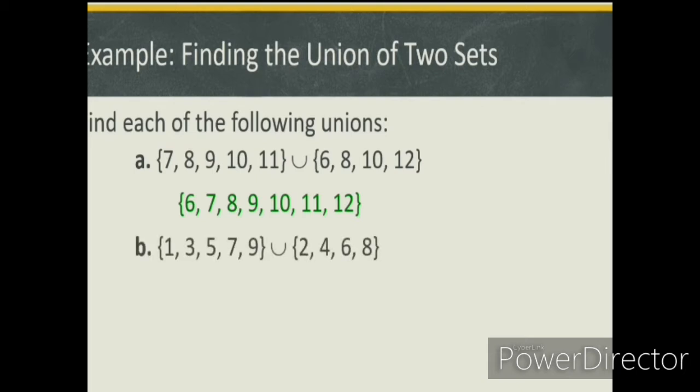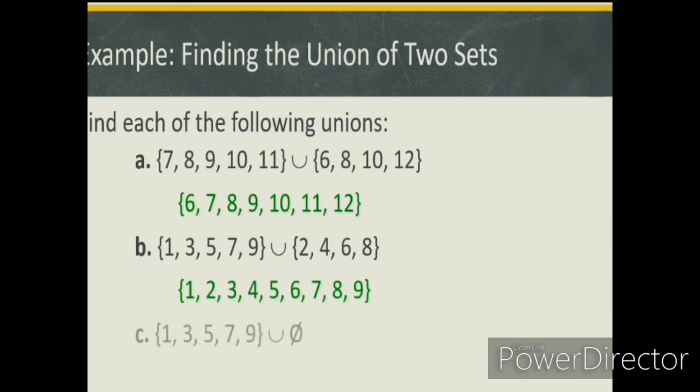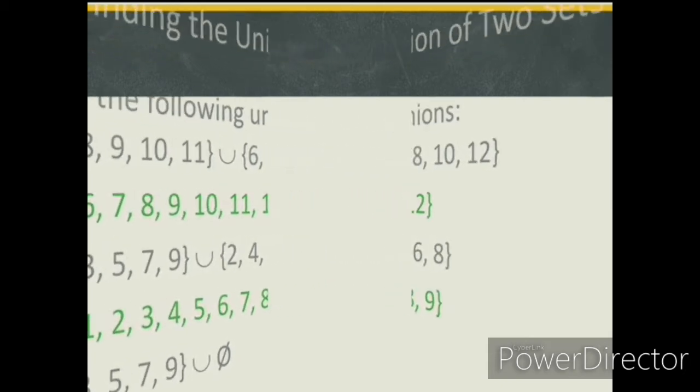You have 1, 3, 5, 7, and 9, union of 2, 4, 6, and 8. So that would be from 1 to 9, all the elements of the given set. How about 1, 3, 5, 7, and 9, union of the null set? Since a null set has no element, the union of the two would be 1, 3, 5, 7, and 9 only. Okay, let us proceed.